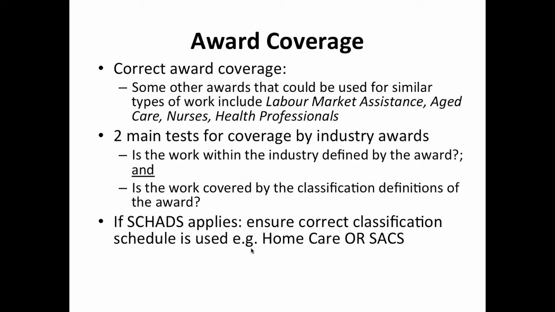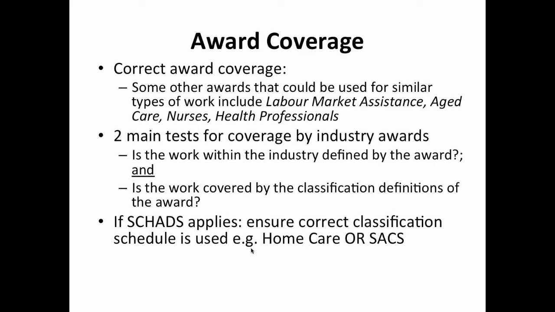If they are, you need to have a look at the classification definitions within the award, and if you can cover someone under those classification descriptions, for example your clerical, your social workers, youth workers, etc., then that will be the applicable award. However, if we employed a maintenance person, it's likely that we possibly can't get them under the SCHADS, so therefore we would need to go and find the correct applicable award.